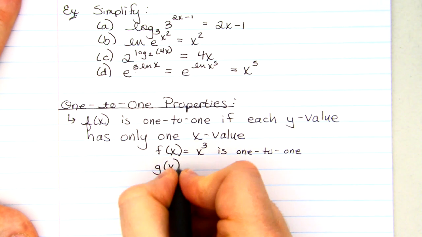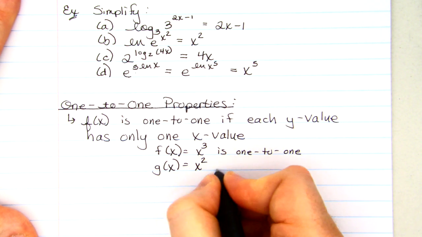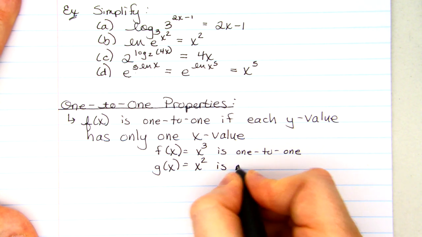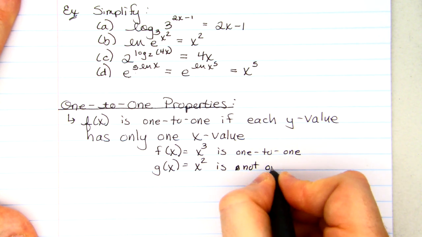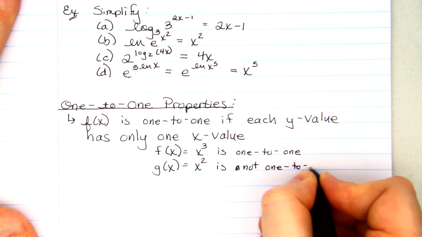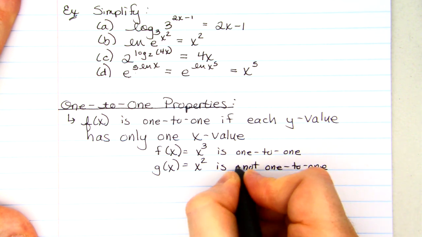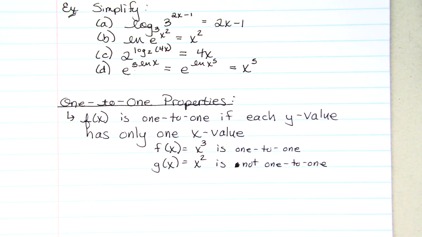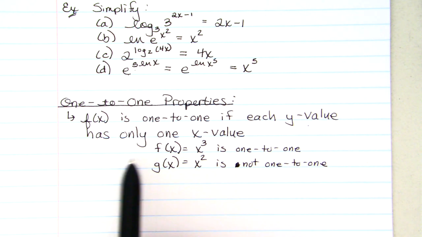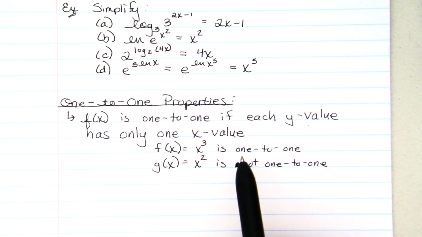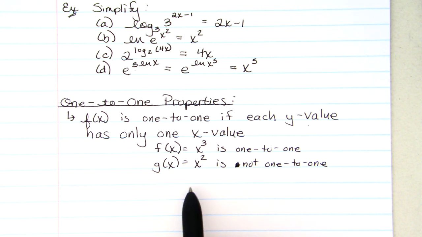g of x equals x squared is not one-to-one. If y equals 4, what's x? Oh, that's a problem, because I said each y value can have only one x value, and that y value has two x values. That's why we would say x squared is not one-to-one. x cubed is one-to-one.